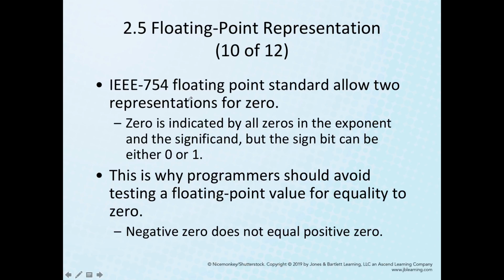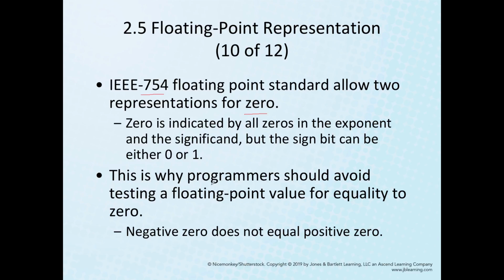Another observation is that IEEE 754 floating point allows two representations of zero, because we have a separate sign bit. So you have a positive 0 and a negative 0.